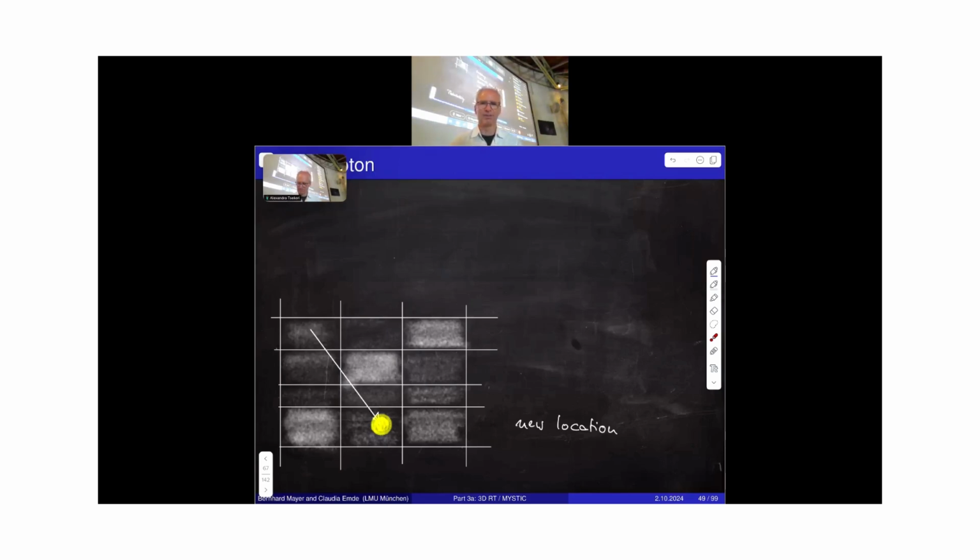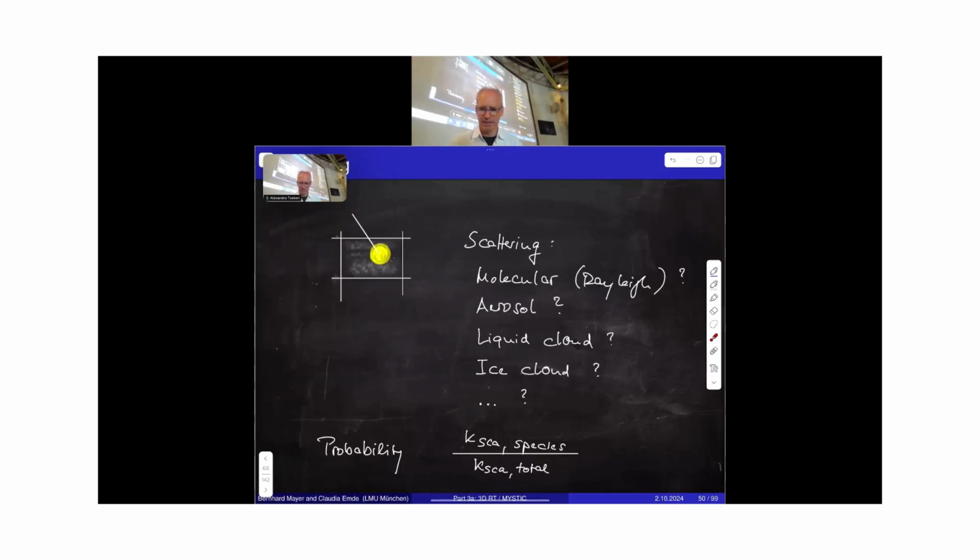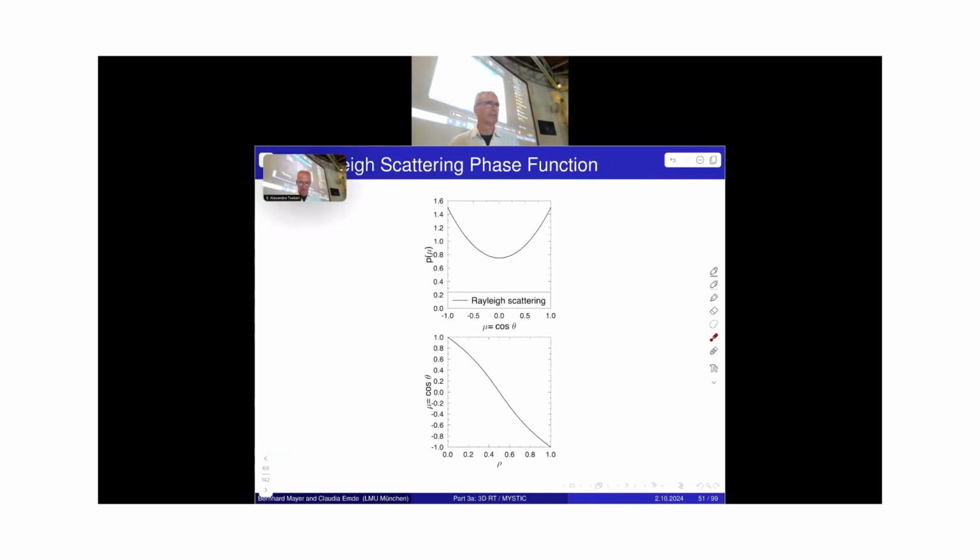And then once you decided, here we have different choices, molecular, aerosol, whatever, you have to decide on a new direction, and you know the directional probability. So if it's Rayleigh scattering, it's quite boring. The phase function looks like this, and you can analytically calculate the probability or the angle, a random angle.